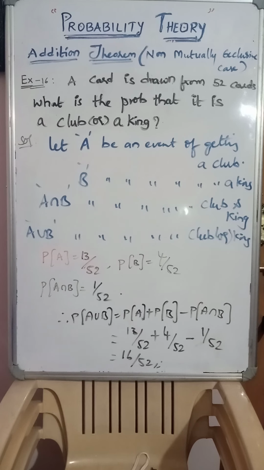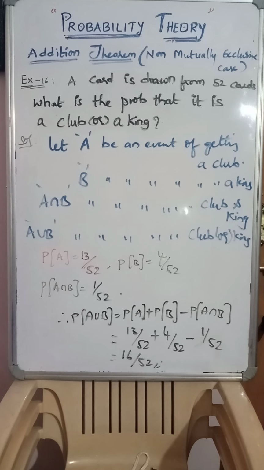Look at that. Probability of getting club cards are 13 out of 52. Then king cards were 4 out of 52, having each symbol: heart, diamond, club and spade. Then A intersection B, club and king together, having one card. Club symbol with king card, that is only 1 in 52 cards, so 1 by 52.